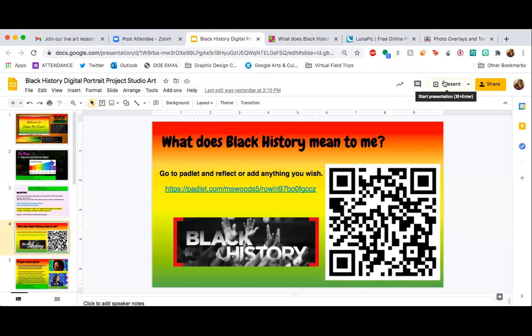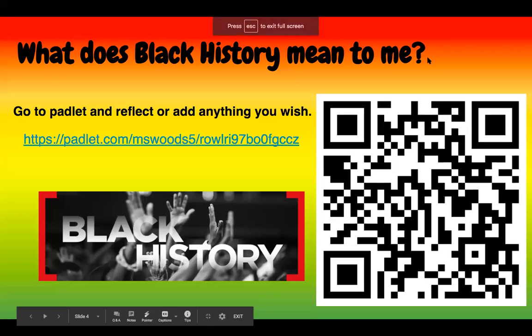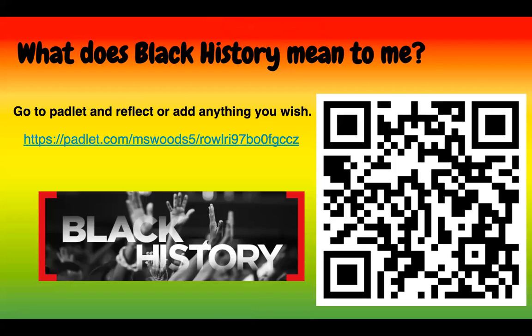So now that we've taken time to reflect on what our understanding of Black history is and our personal connection to it, what we're going to be doing now is actually thinking about, okay, who embodies my values and ideas of what Black history is?